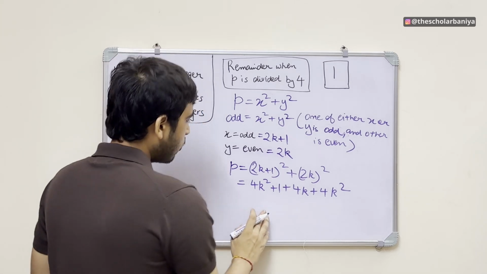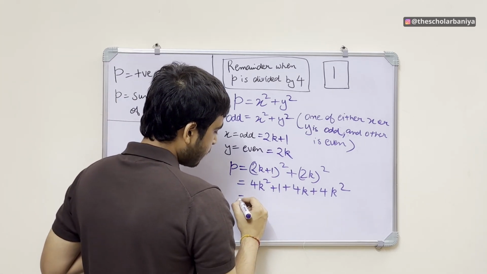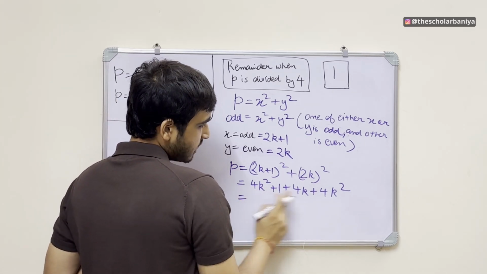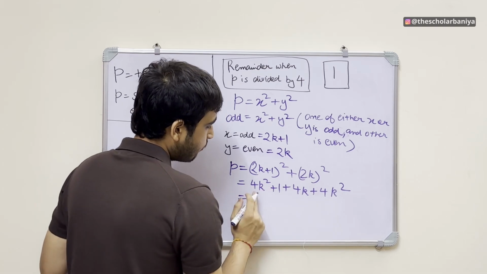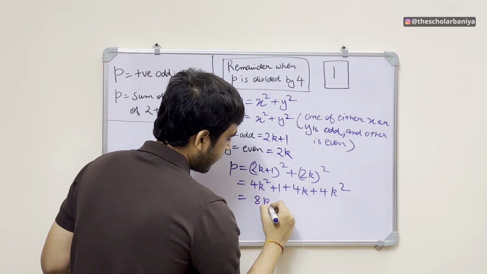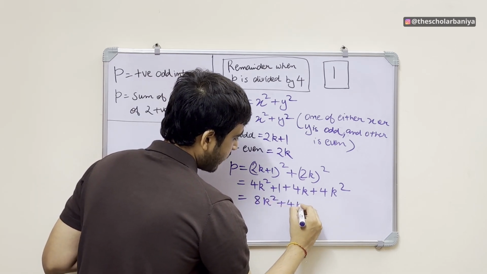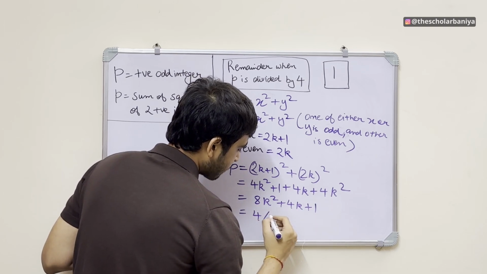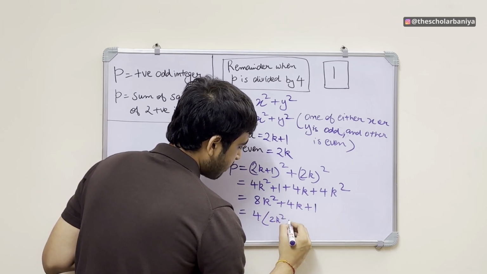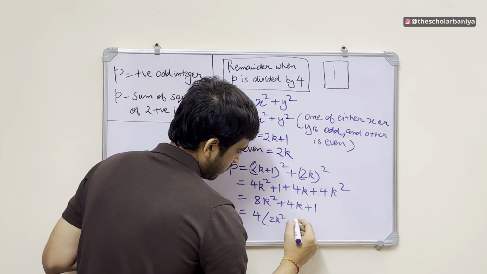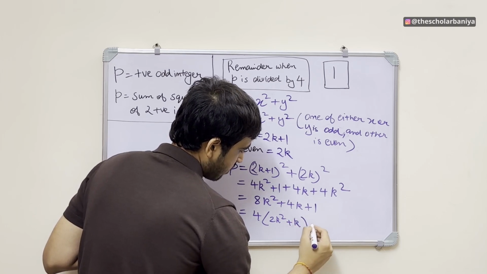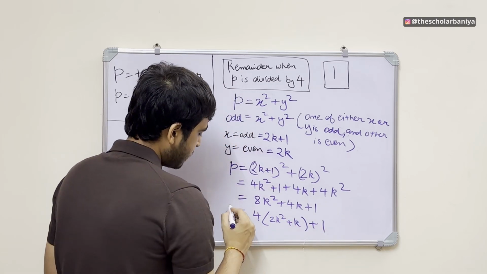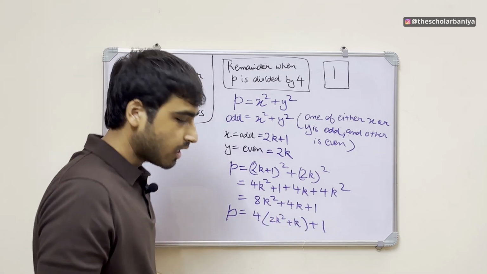If you take common, you can take 4k square plus 4k square, so this becomes 8k square plus 4k plus 1. So this becomes 4 times of 2k square plus k, plus 1. This is p, right?